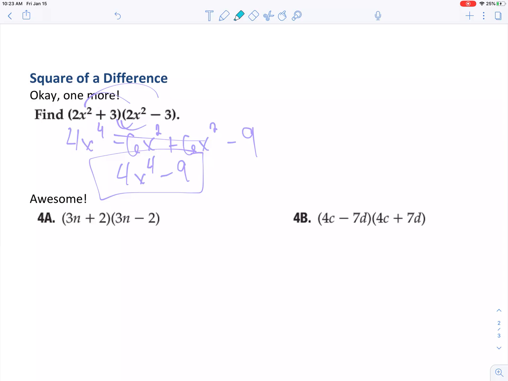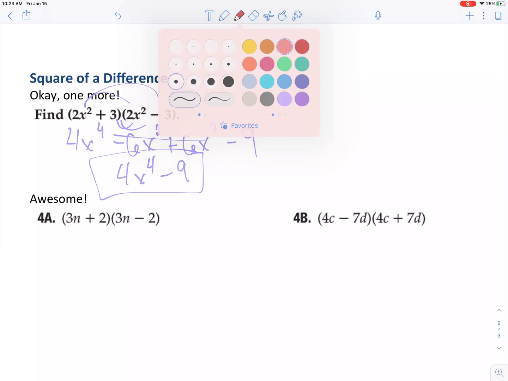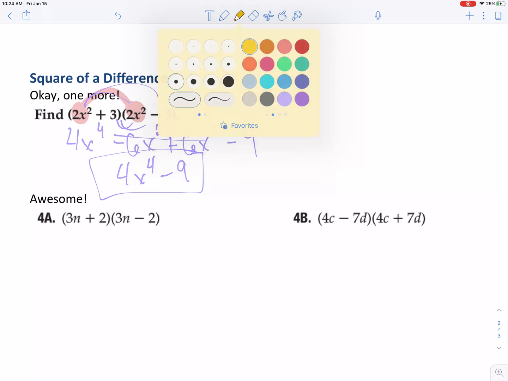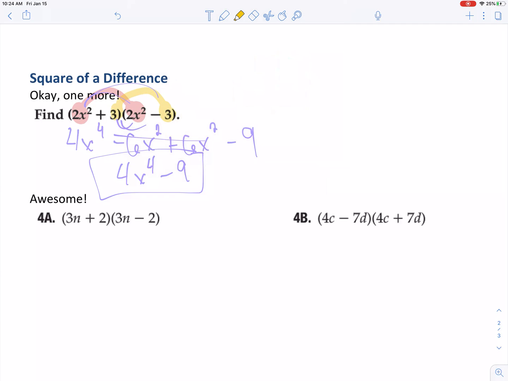So really, all you really need to do is multiply these together and these together.